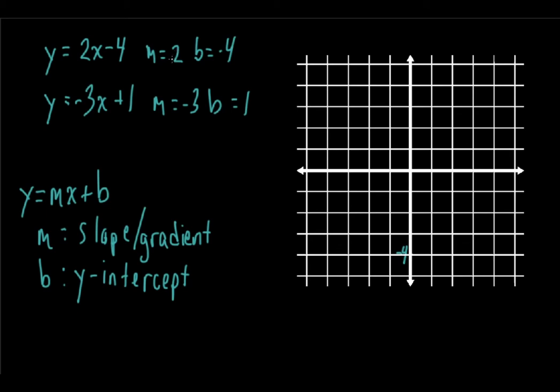And it has a slope of 2, right? So if you remember, that's rise over run is how we calculate, how we think about the gradient. So that means we would be going up a value of 2 and over a value of 1. Okay, so we have a point there. So we could actually graph our line now, right? All we need is 2 points to graph a line.